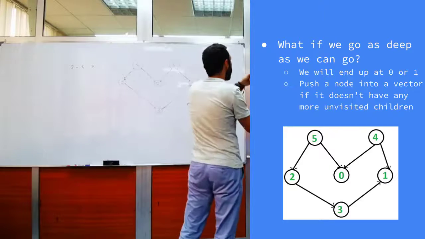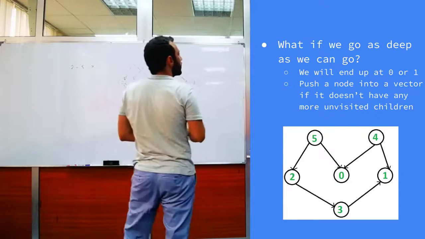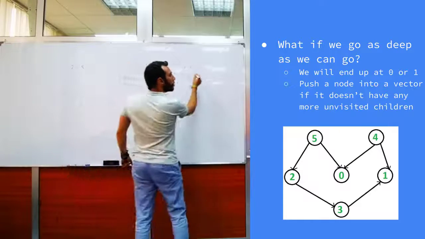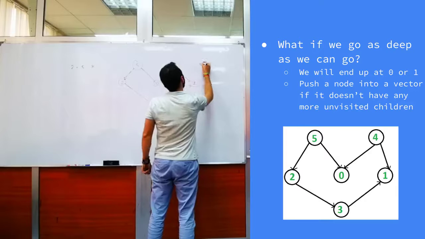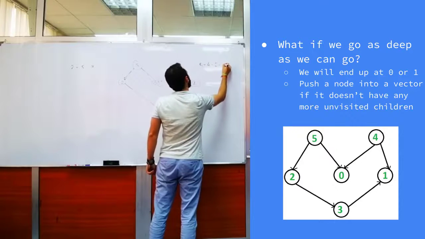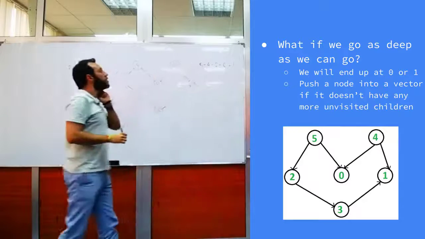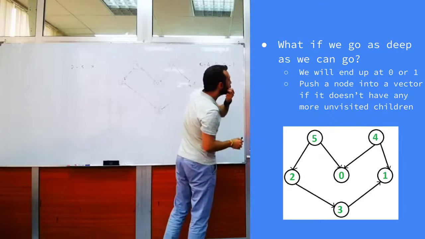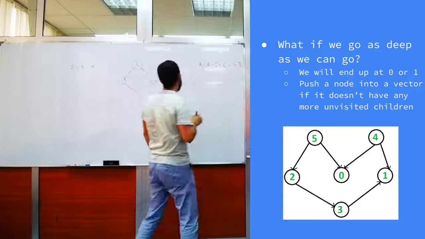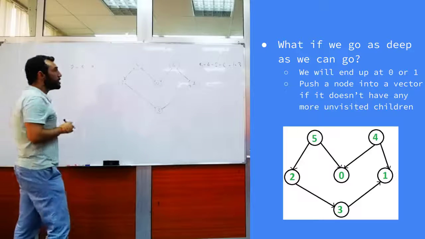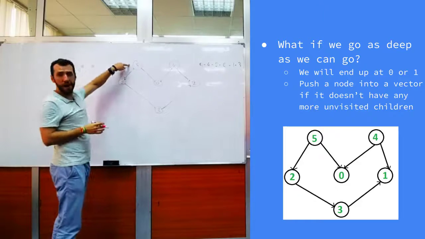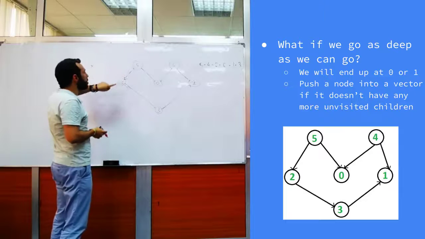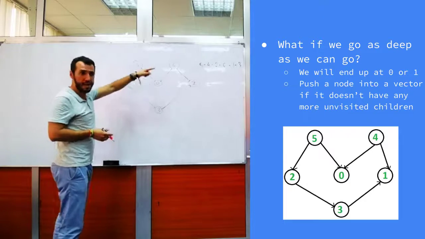So now let's evaluate these 3 orders to see whether they are topologically sorted or not. The first one is 5, 4, 2, 0, 1, 3. Here we start with 5, and we didn't break any rules because 5 has to appear before 2 and 0, and that is the case.